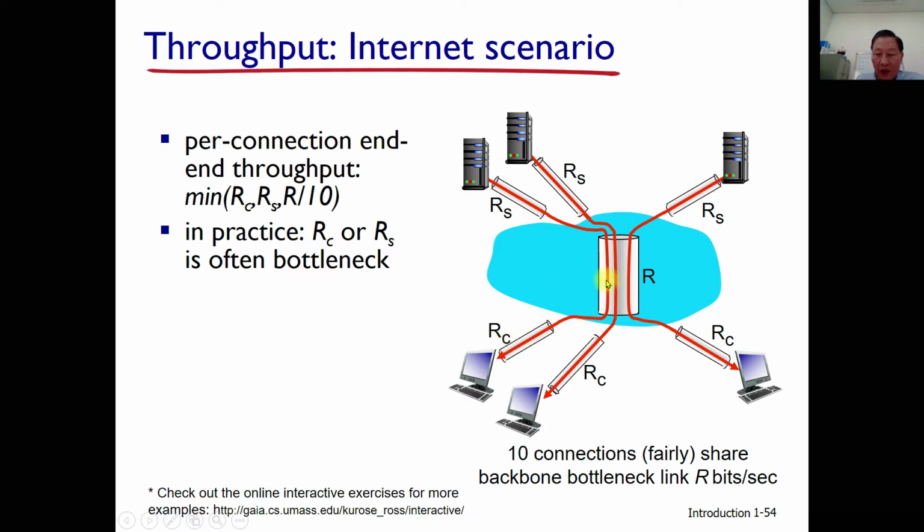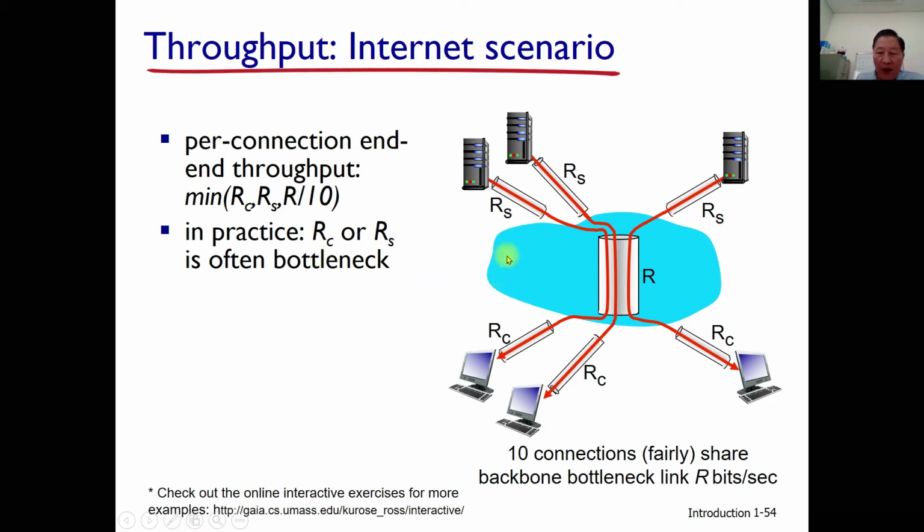Let's assume this one is 10 links, then this one is simply R over 10. Then among three components, RS, R over 10 or RC, which one is dominating? The minimum value, because that is the bottleneck, that is dominating the whole end-to-end throughput.